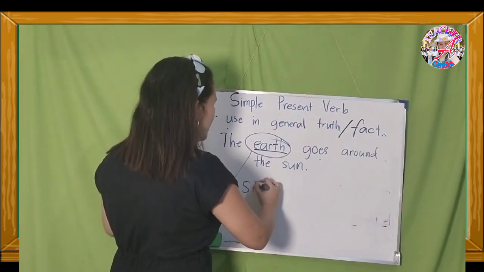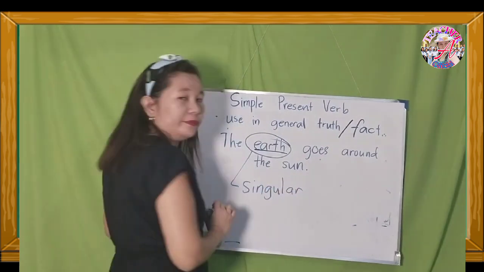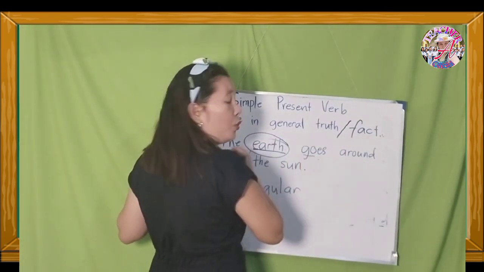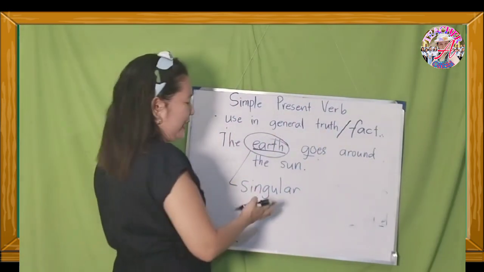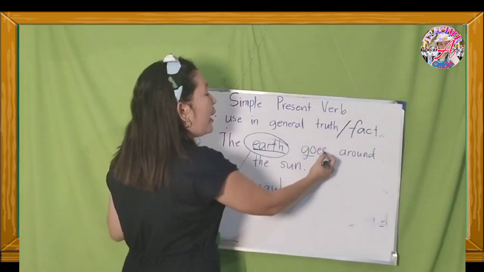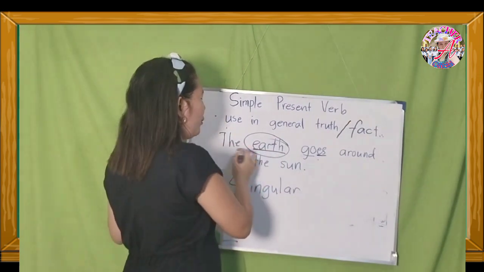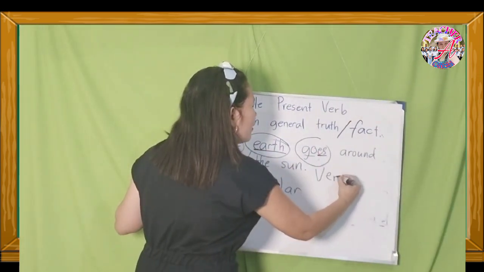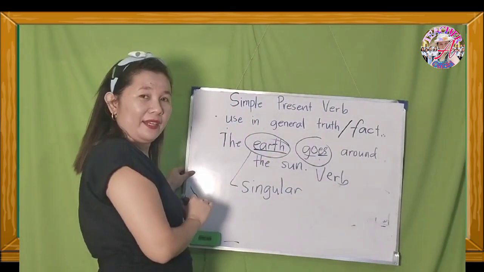Then this is singular. Our verb base form is go. And as mentioned earlier, if the subject is singular, you have to add ES. So the earth goes, this is your verb, around the sun.